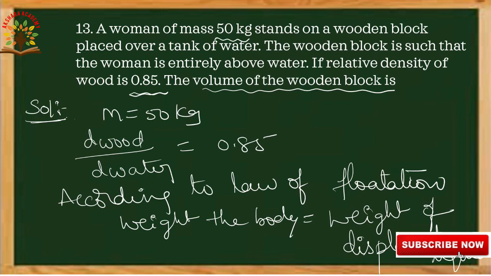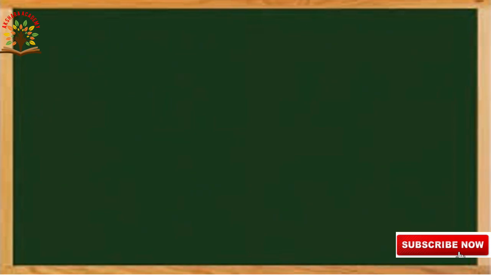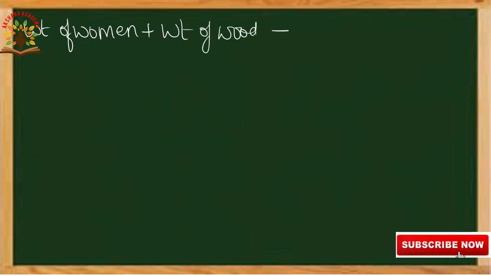Weight of the body is equal to weight of the displaced liquid. Here weight of the body is nothing but woman's weight and weight of wood. Weight of woman plus weight of wood is equal to weight of displaced liquid, that is V_L into rho water into g.